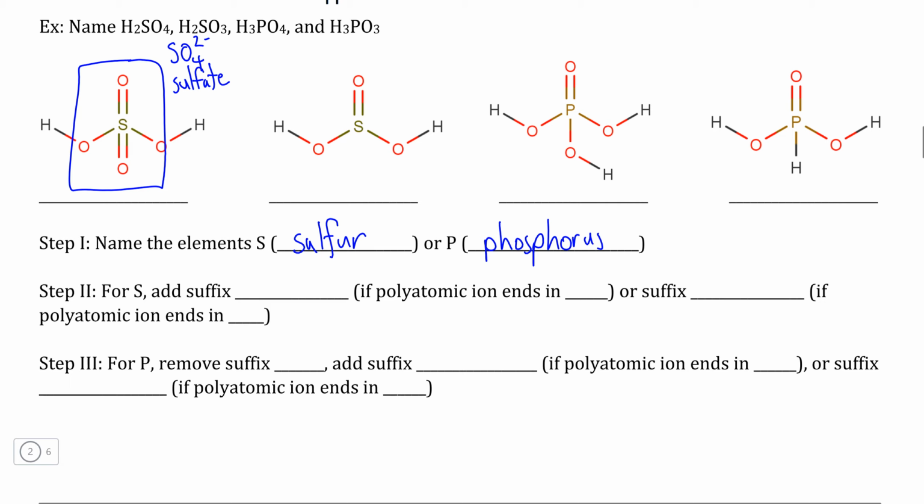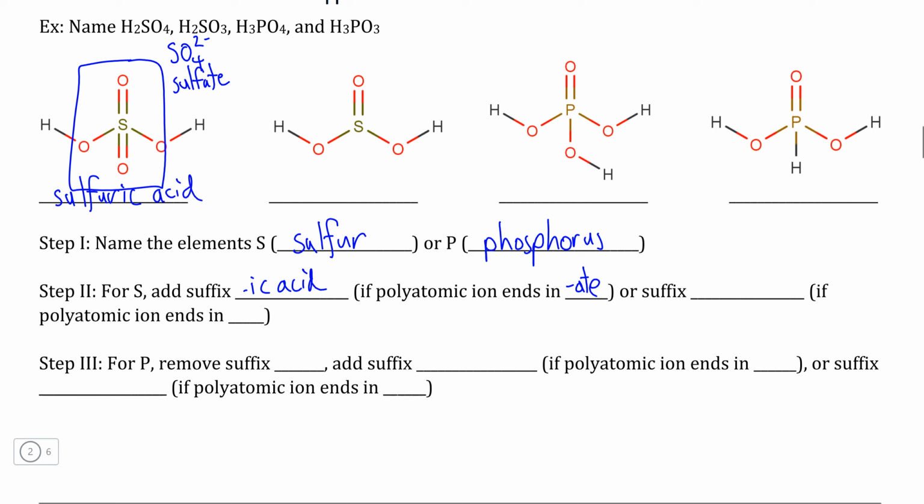So because this polyatomic ion ends in ATE, just like nitrate or carbonate, for example, we can directly onto sulfur add the suffix ic acid. So rather than being called sulfic acid by removing the UR prefix, we actually start with sulfur as the root of this acid here, and then add ic acid directly to it like this.